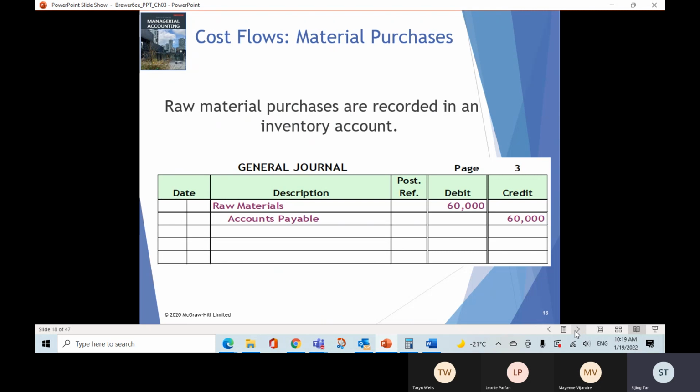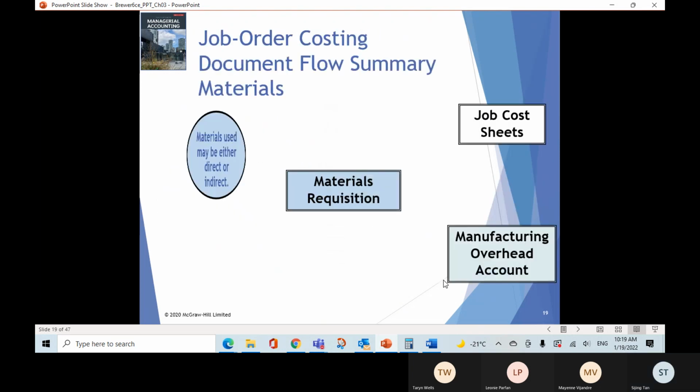The cost of direct material requisition is debited to work in process and added to the job cost sheet. The cost of indirect material requisition is debited to manufacturing overhead. So I'll quickly show that. This is the general entry when you use your money to purchase the raw materials, including indirect and direct.